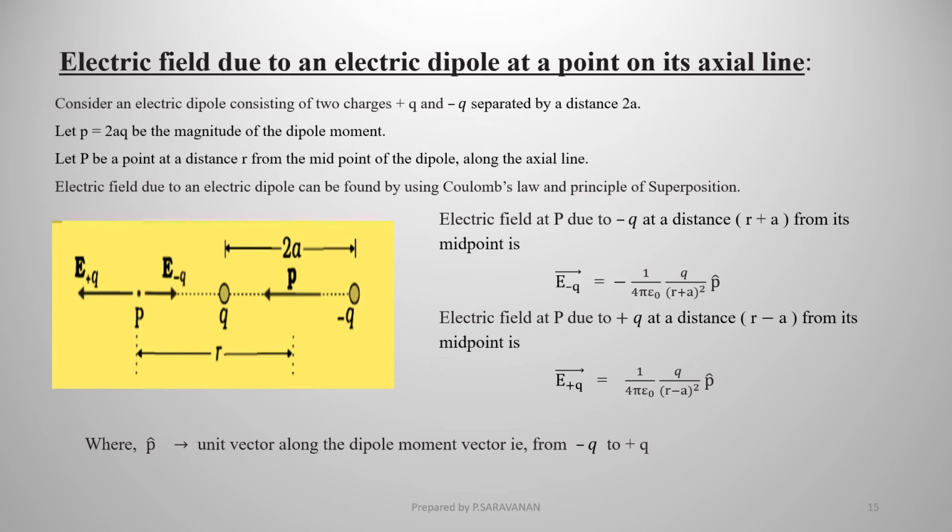It is because the E minus q vector is opposite to the direction of the dipole moment vector and E plus q vector is along the same direction of the dipole moment vector P. That is why E minus q is having a negative sign and E plus q is having a positive sign. In both the cases, P cap is the unit vector along the dipole moment vector and it acts from minus q to plus q.